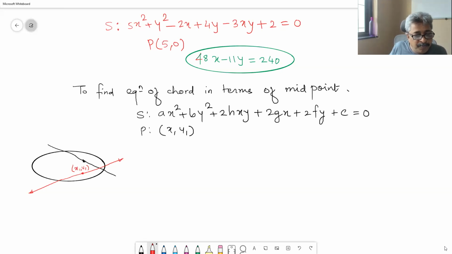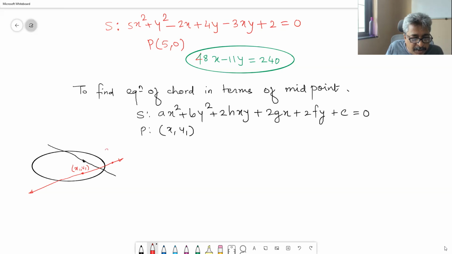Suppose (x1, y1) belongs to this line. So for any other point on this line, this is where we are going to use the parametric form of a straight line.